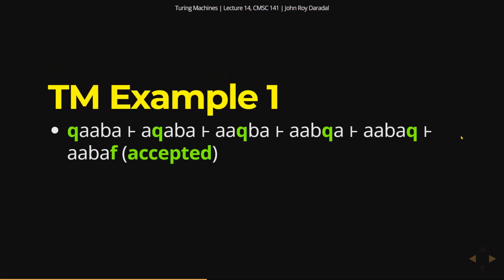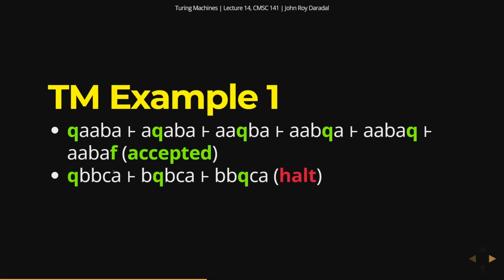So let's see AABA. Okay, so starting at state Q, it will see an A, so just pass through it. It will see another A, so it will pass through it. It will see a B, so pass through it. It will see an A, so it will pass through it. And then it's now at the end of the string, so it will now transition to state F. Okay, so it's now accepted. How about this one?